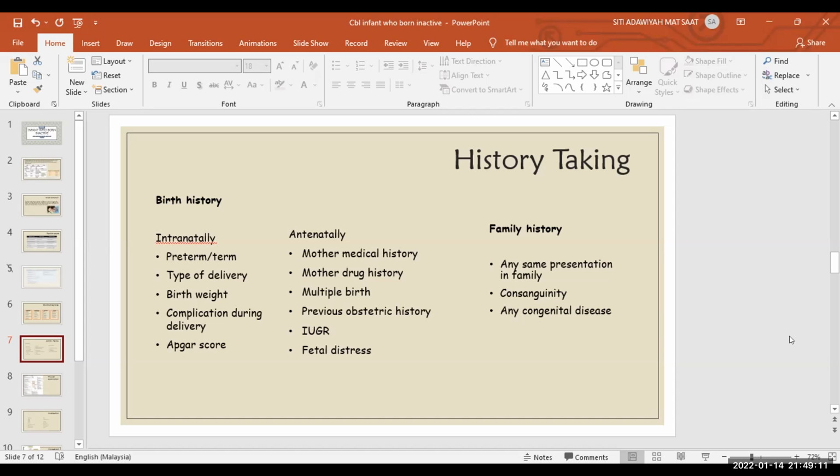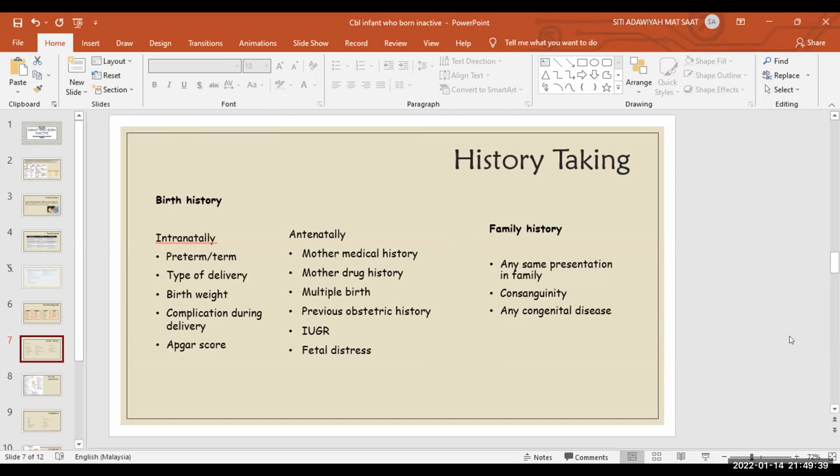Then we need to know the birth weight of the infant, because an infant with low birth weight has more complications than one with normal birth weight. And we need to ask whether there was a complication during delivery, such as shoulder dystocia or placental abruption, and the most important thing is to calculate the APGAR score during the delivery.